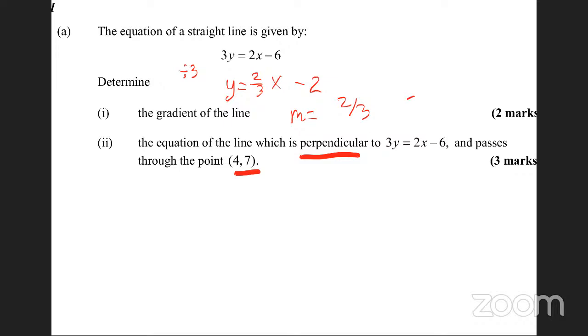If the gradient is 2 on 3, what's the gradient of the perpendicular line? 3 over 2, and then you put a minus sign in front. So you find the negative reciprocal. Flip it over and change the sign. Are you okay with that? So flip it over and change the sign, and you'll get minus 3 on 2.